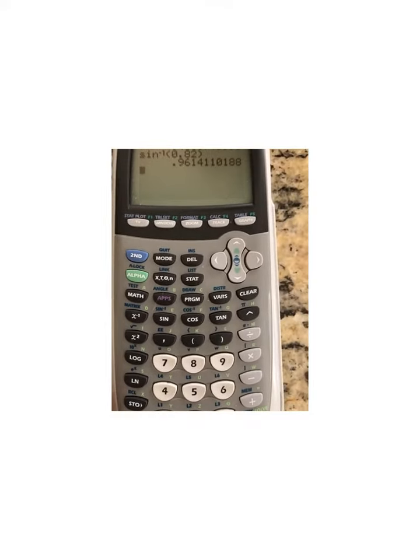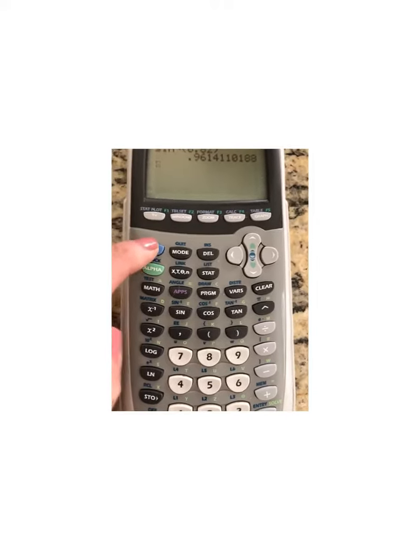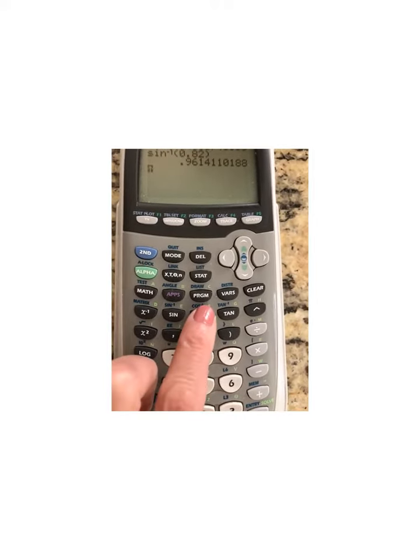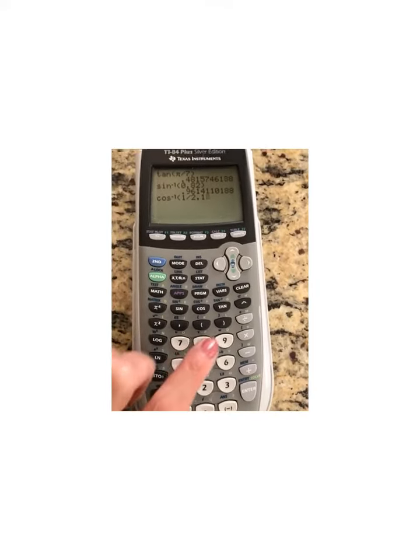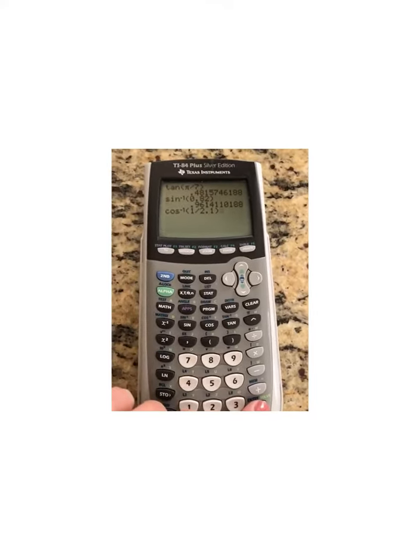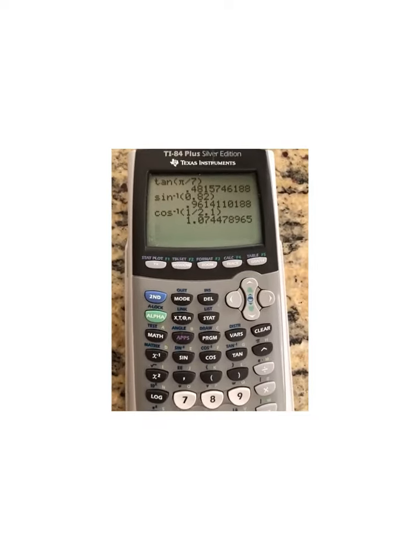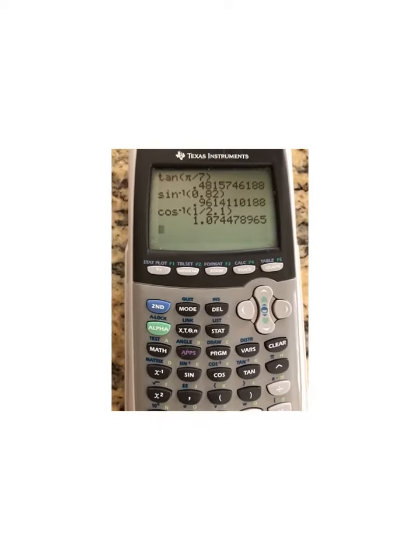So that's exactly what we're going to do. So first, let's find the cosine inverse. And then 1 over 2.1. And that's the value that you should see.